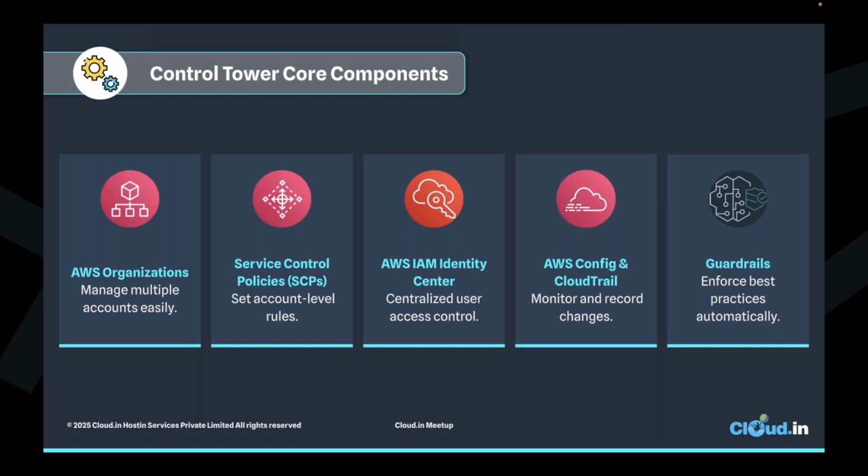The next main component is service control policies, which set account-level rules. Service control policies, or SCPs, act as guardrails for what actions can and cannot be performed in each account. For example, you can restrict users from disabling security services like CloudTrail, or from creating resources in certain regions.